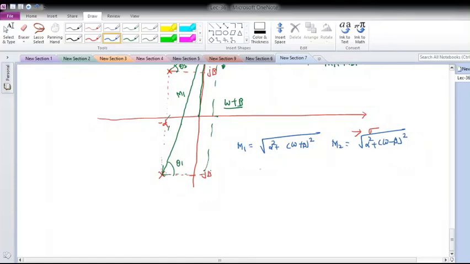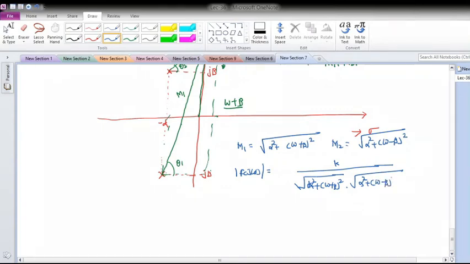Now I have to find the frequency at which I'll get the maximum peak, and this can be done by differentiating. First let me write the magnitude at frequency omega. This will be K over the square root of alpha square plus omega plus beta square, into the second root, alpha square plus omega minus beta square.